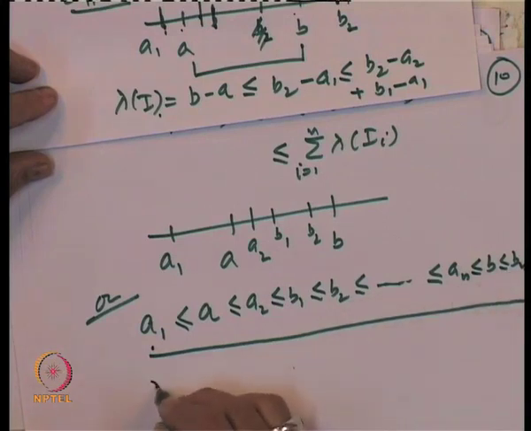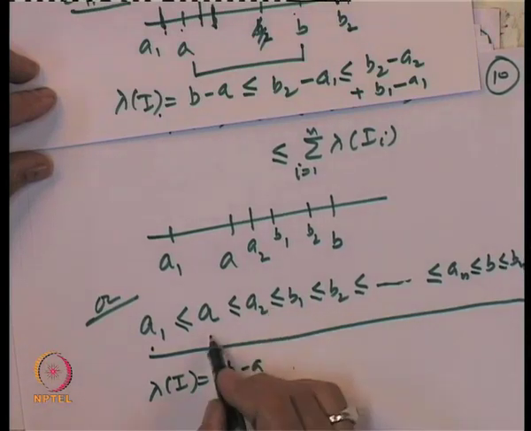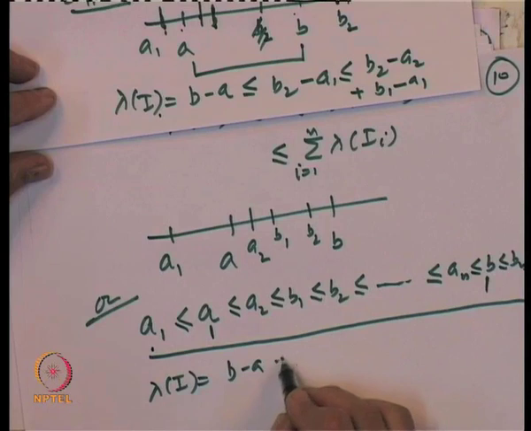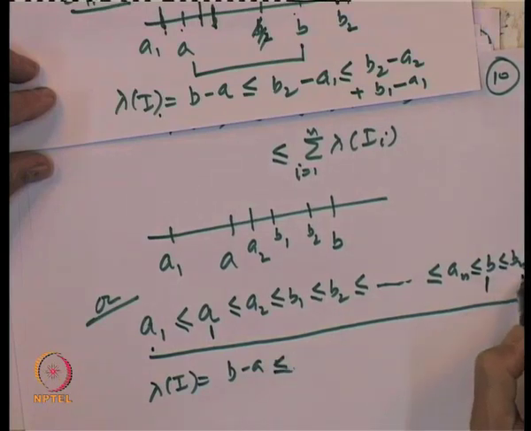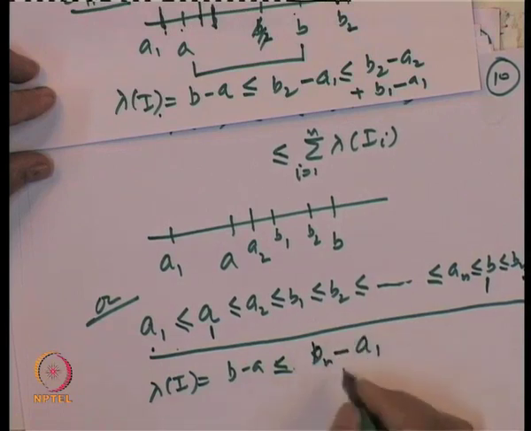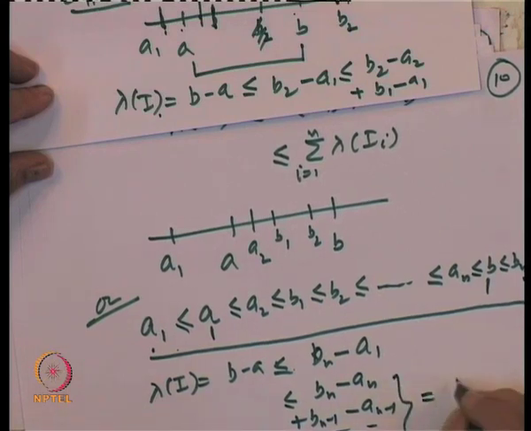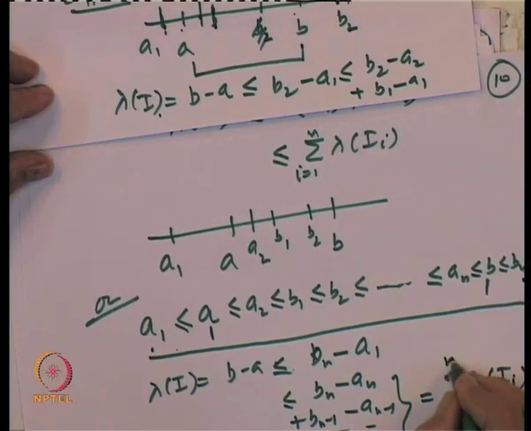In that case, again lambda of I, which is equal to B minus A, here is A, here is B, is less than or equal to, same idea, B n minus A 1. So, go on adding and subtracting, less than or equal to B n minus A n plus B n minus 1 minus A n minus 1, and so on, plus B 1 minus A 1, and that is equal to sigma lambda of I j, j equal to 1 to n.